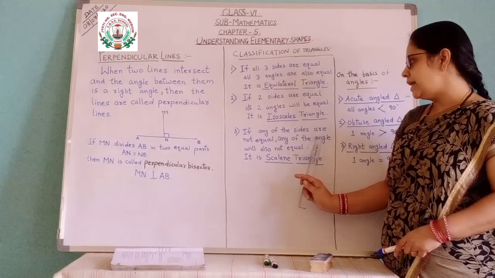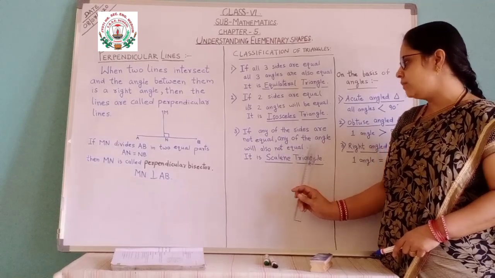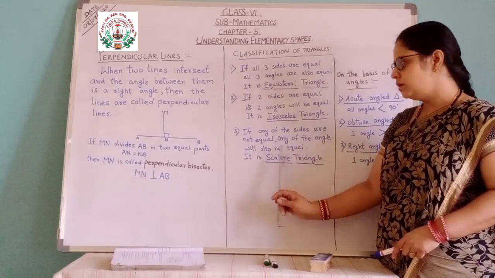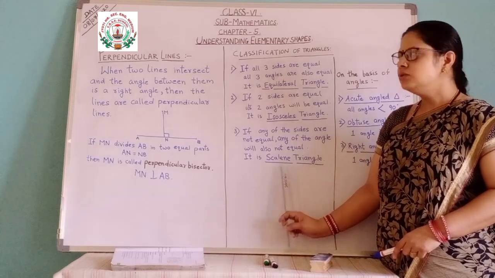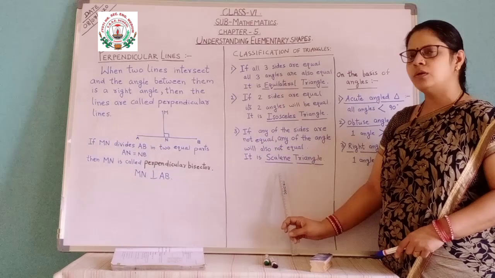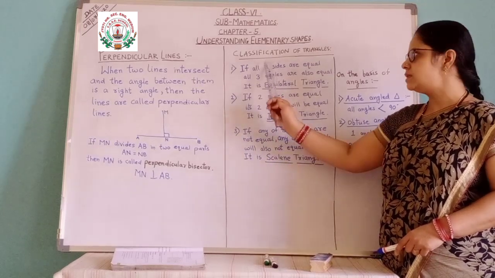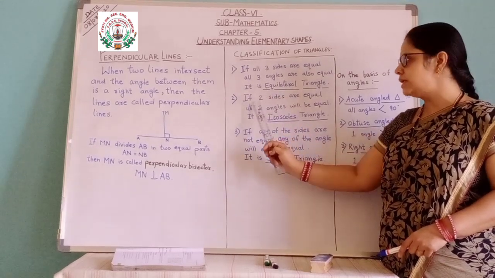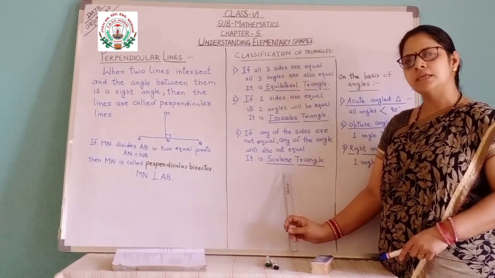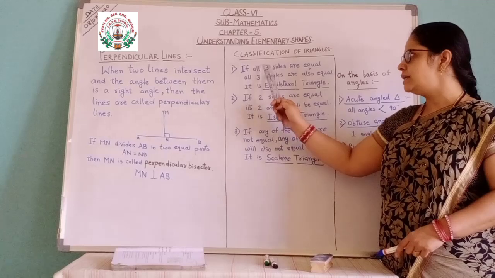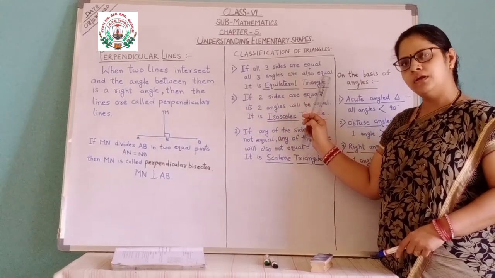So this is the classification of triangle on the basis of the sides. If three sides are equal, equilateral triangle. If two sides are equal, isosceles triangle. If none of the sides are equal, it is called a scalene triangle. So if three sides are equal, all three angles will be equal.